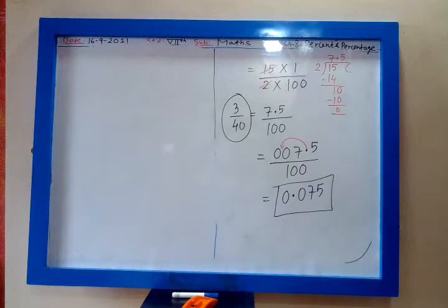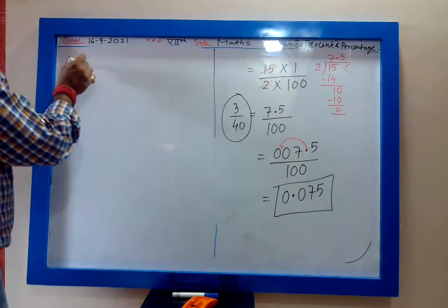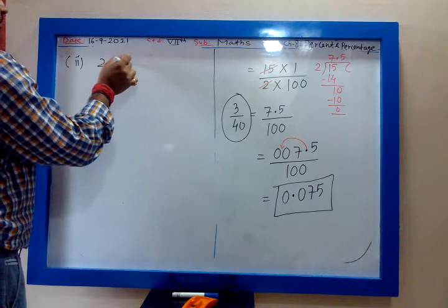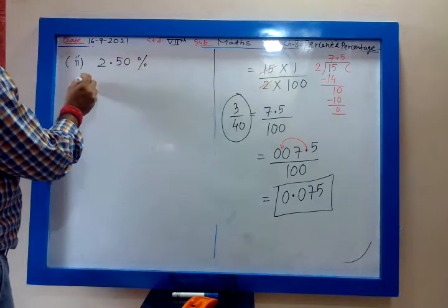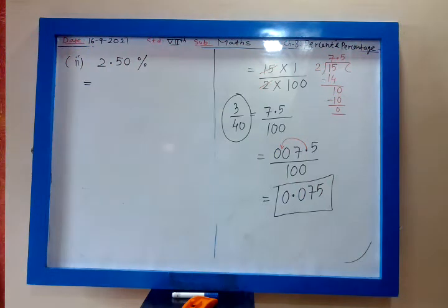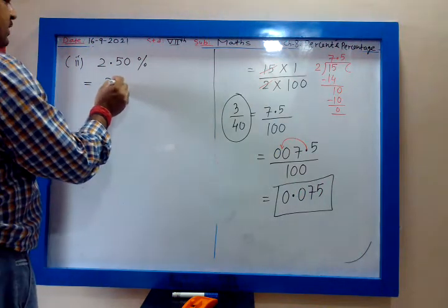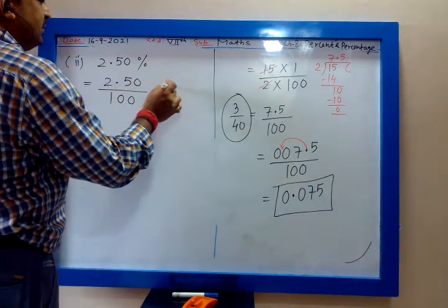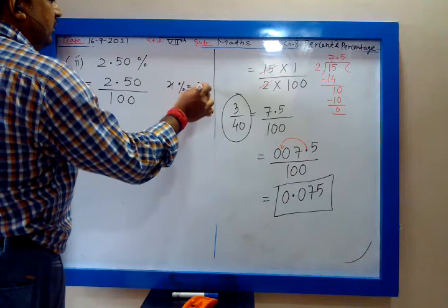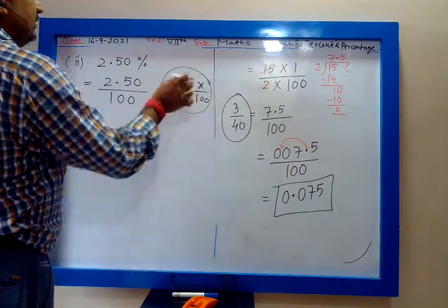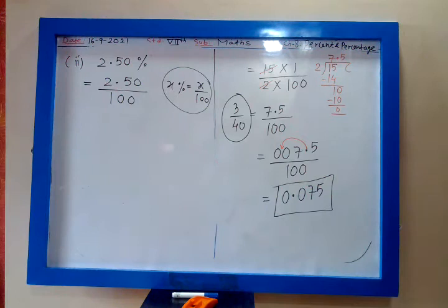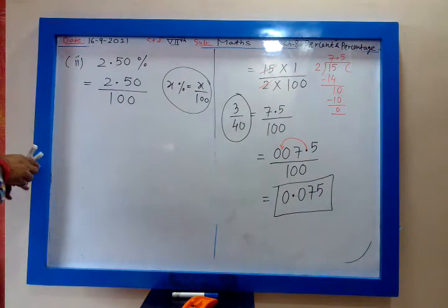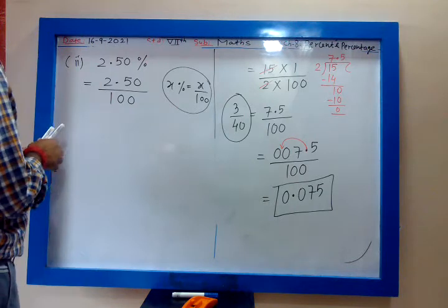Now second one, 2.50%. We go step by step. What do you mean by x percent? X upon 100. So 2.50 upon 100. We know x percent means x upon 100. So now remove the decimal.